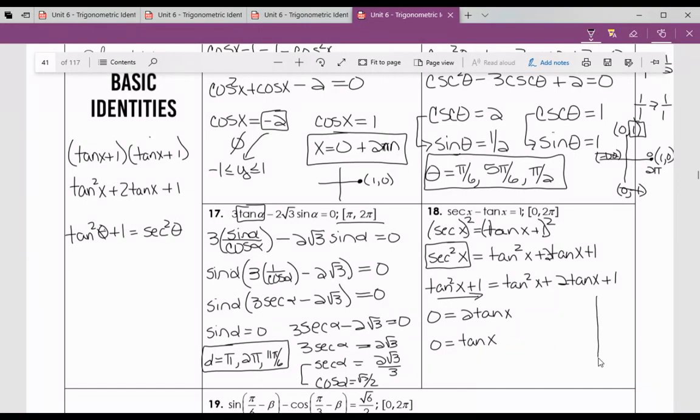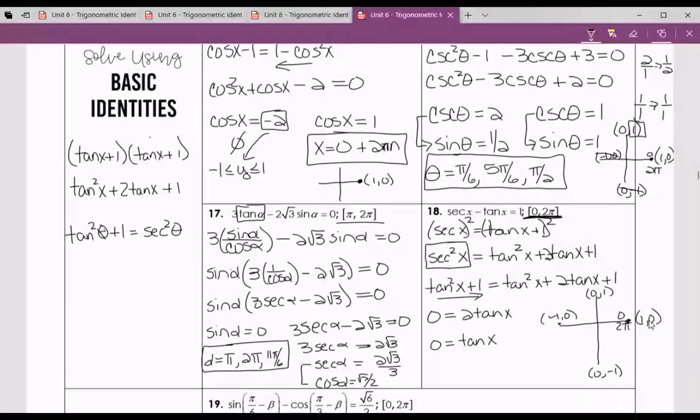So now I have to go to my unit circle, and I'm going to look at every point between 0 and 2 pi that has a 0 in it, which would be 1, 0. Let's see. 1, 0, 0, 1. This would be negative 1, 0, and this would be 0, negative 1.